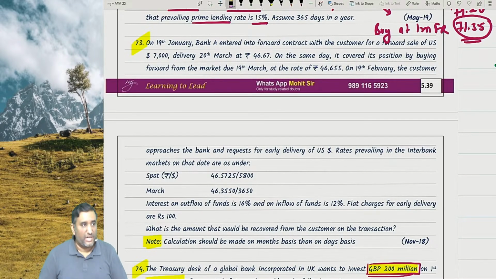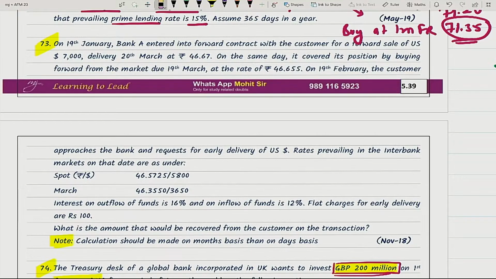And try the straightforward way. It's an importer, so the bank will buy, the customer will sell. Buying in the market, that's sell-buy, that is buy and then sell for 2 months or 1 month, whatever the period is. Try in this system, you will be able to arrive at the answer. 73rd. These questions have come recently also. I've taken only one of them.